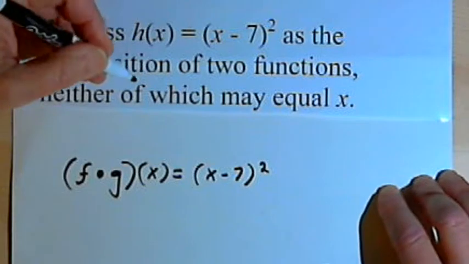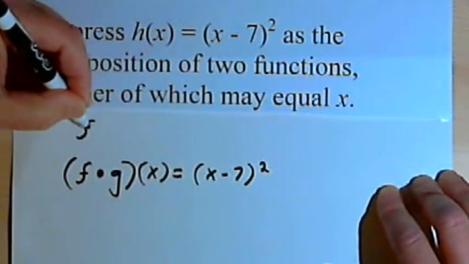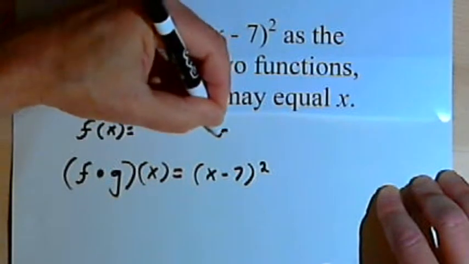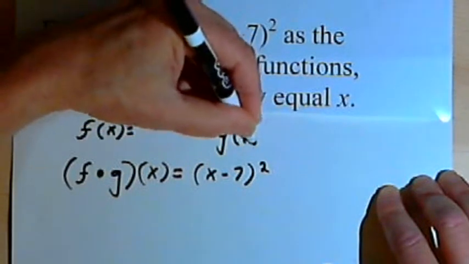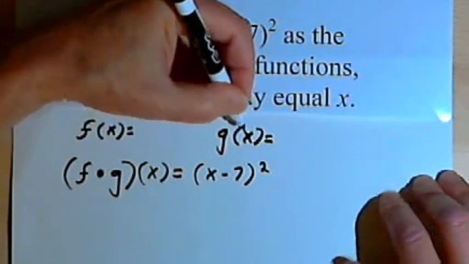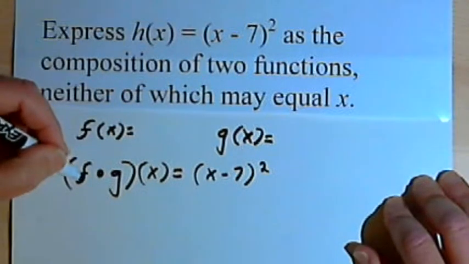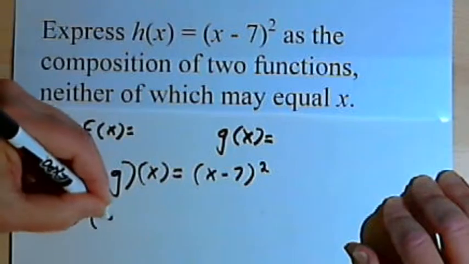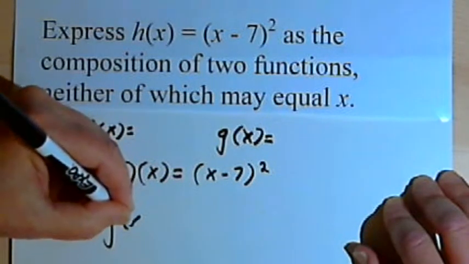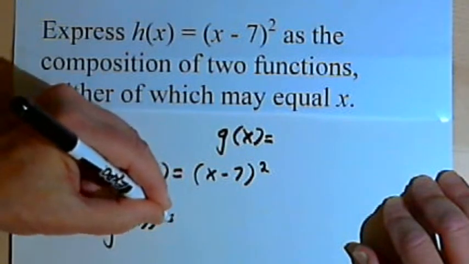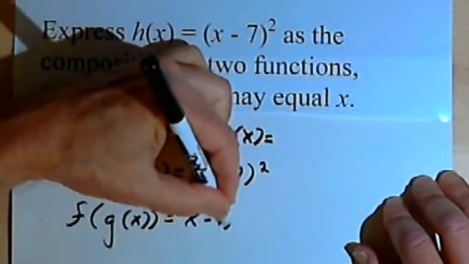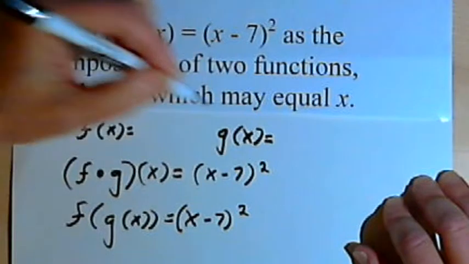So what we have to do is find out what those two functions are. We have to find out what f of x equals. We have to find out what g of x equals. So for my first step, I'm going to rewrite this f compose g as f of g of x, and that equals (x − 7)².